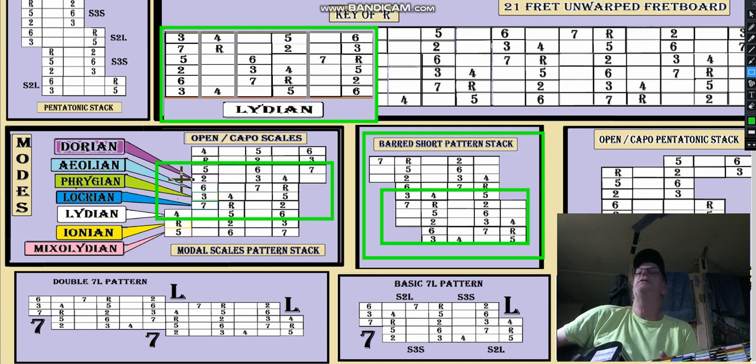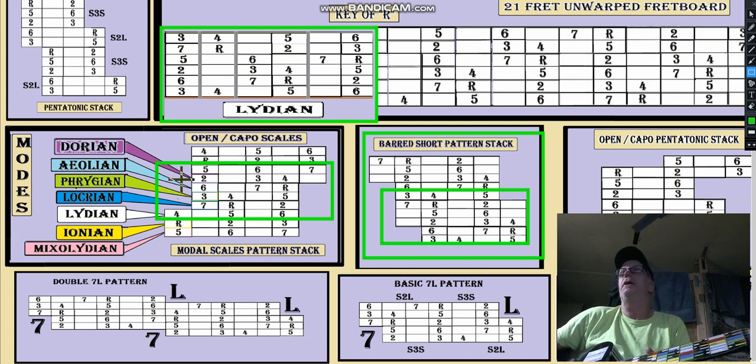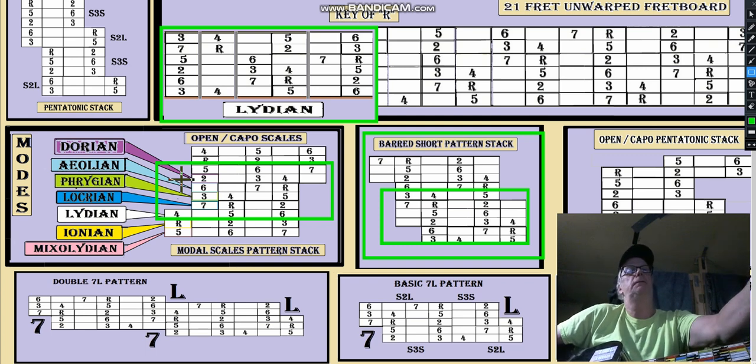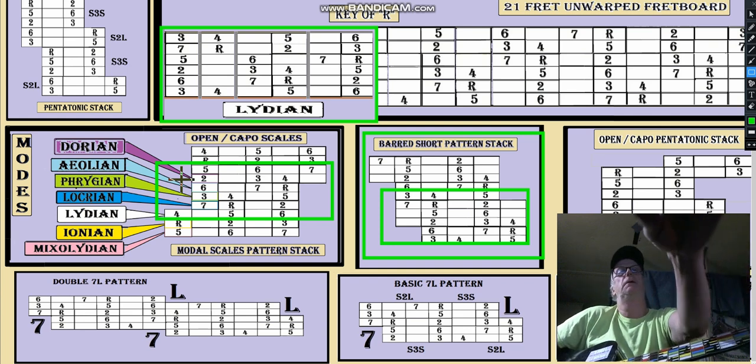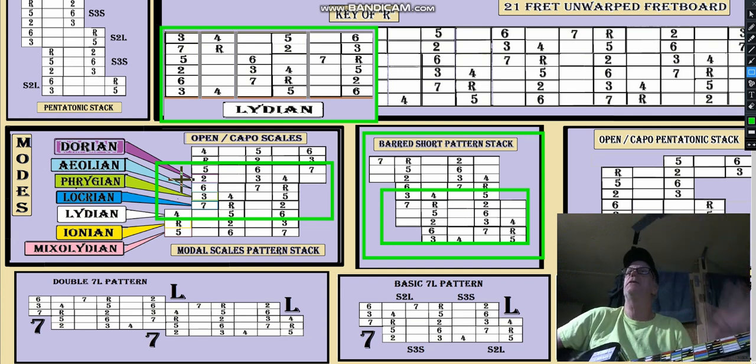Now, it's important to know what you're doing in music, because it isn't always going to sound right. The Lydian scale has got a strange sound to it.